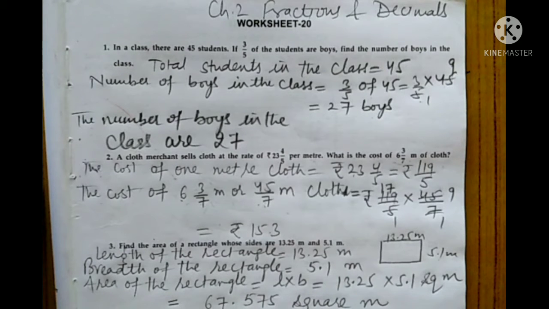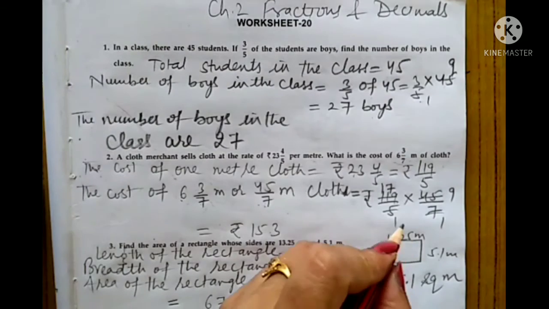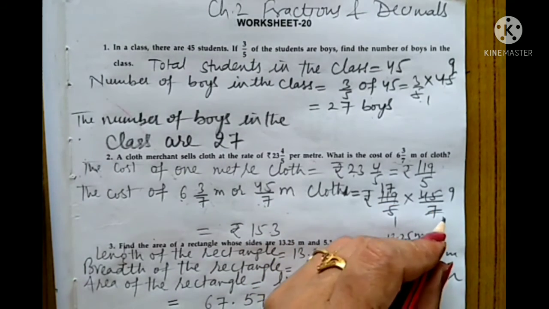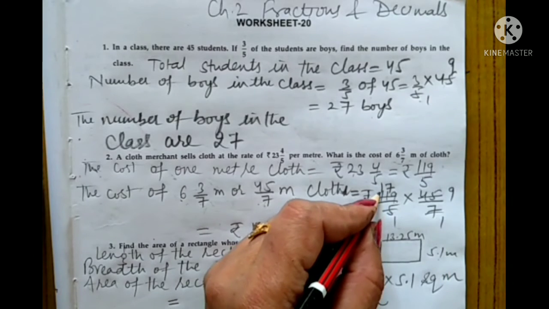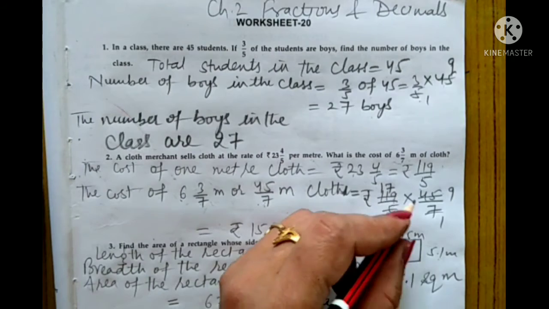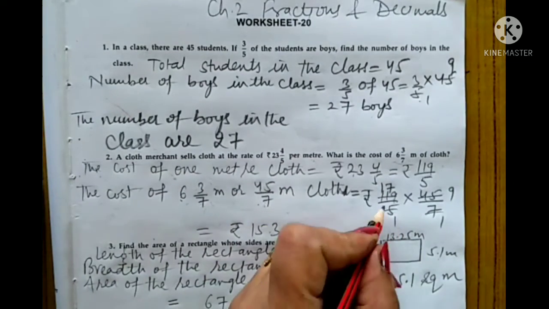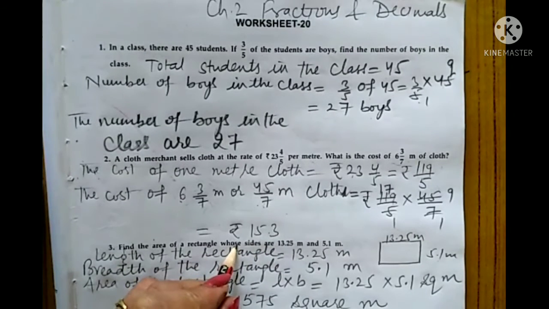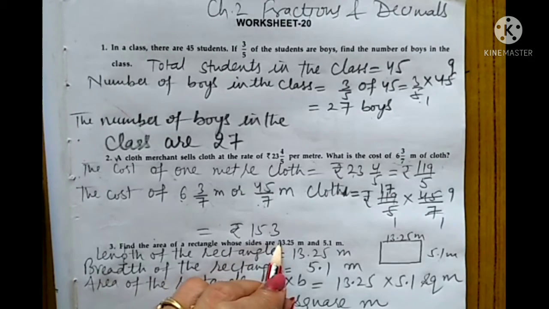Now simplify. 5 ones are 5, 5 nines are 45, then 7 ones are 7, here 7 ones are 7, 7 7s are 49. You can simplify yourself also. Then 17 9s are 153. So the cost of 6 whole 3 upon 7 meter of cloth is rupees 153.